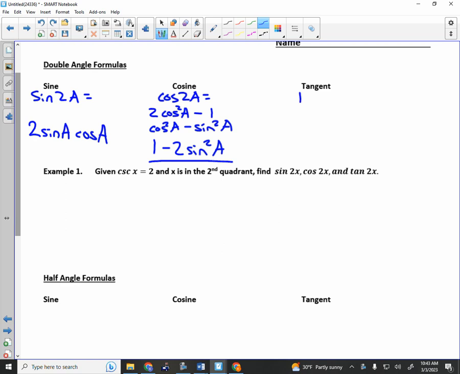And tangent of a double angle, tangent of 2A is equal to 2 tangent of A divided by 1 minus tangent squared of A.